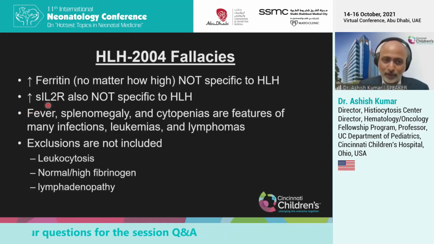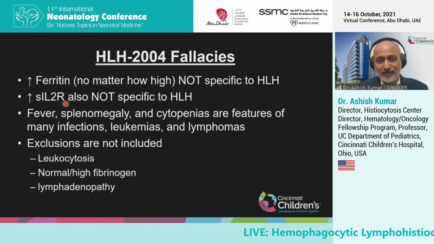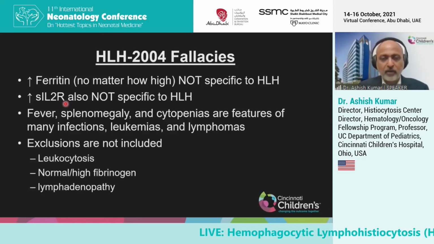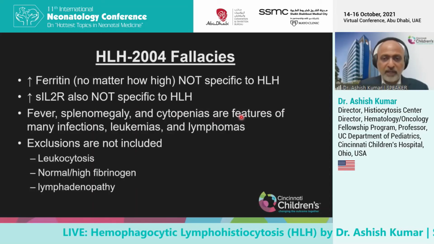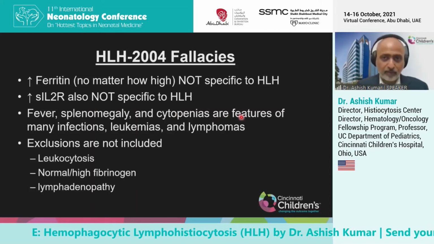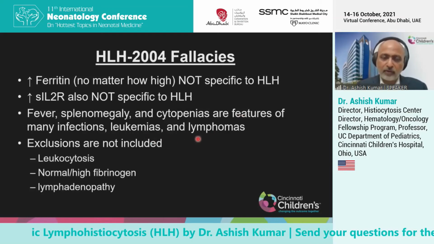Even though I mentioned soluble alpha receptor is a requirement to diagnose HLH, it also is not specific. You cannot diagnose HLH without elevated soluble alpha receptor, but just because it is elevated does not guarantee that it is HLH either. And if you all recall, fever, splenomegaly, cytopenias, these are features of many infections, and sepsis sometimes can give rise to that. And of course, leukemias and lymphomas, like I've already mentioned.